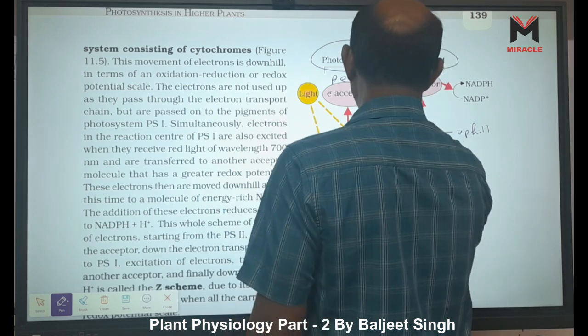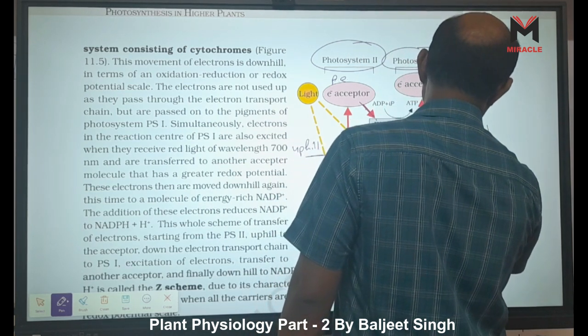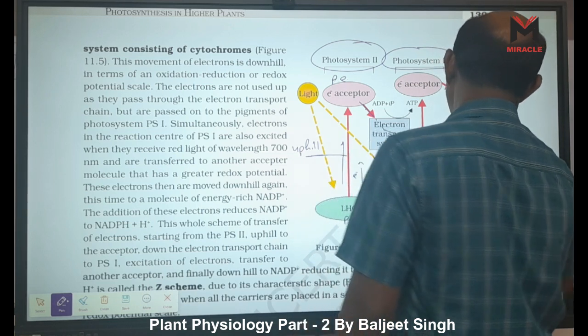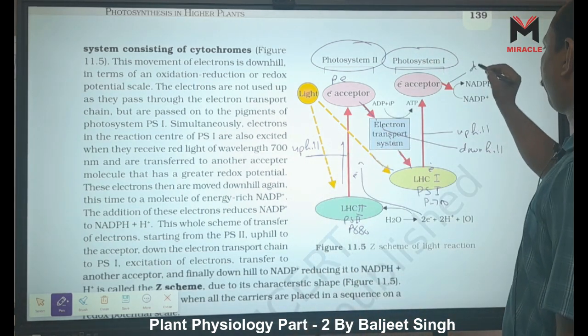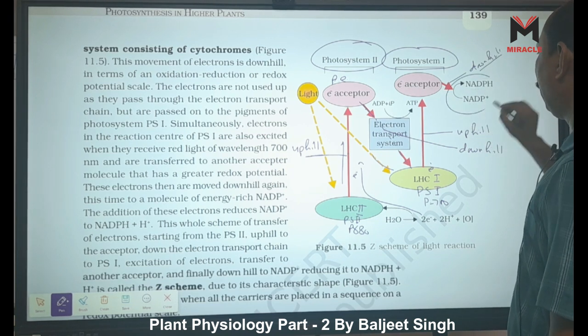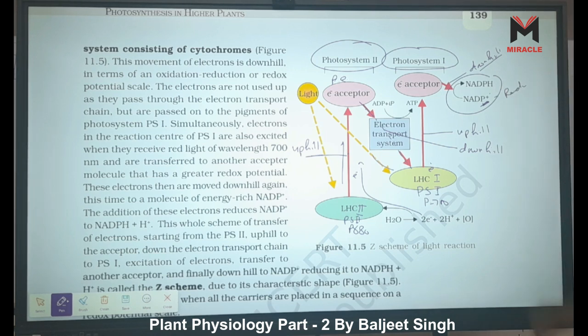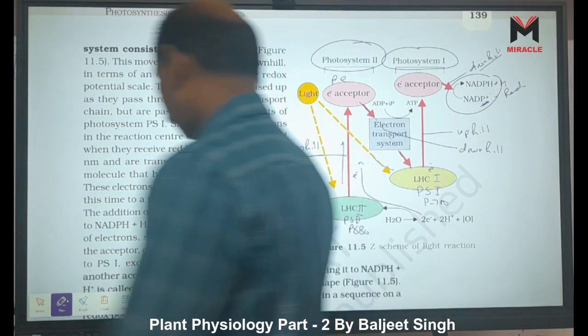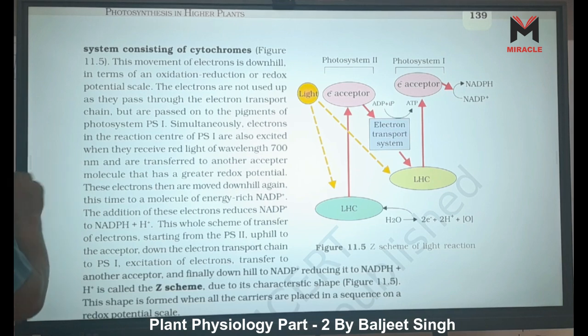And now this is downhill. Look, it is coming down, uphill, and now this is downhill, right? And what happens? This NADP is reduced into NADPH plus H plus. So this is the Z scheme, right? Okay, I will tell you in another.